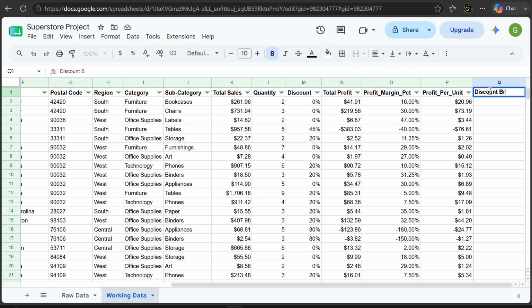Discount bracket. Now watch what I'm going to try to do, and I would prefer you watch my formula bar that's here while I'm writing my formula. I'm going to be using if logic, but it's going to be IFS because I'm trying to put multiple if conditions inside one.